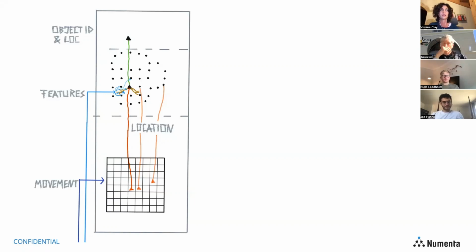So if the features match, this neuron will respond faster, and once one of these responds very strongly, it projects upward and represents the object ID and location on the object.